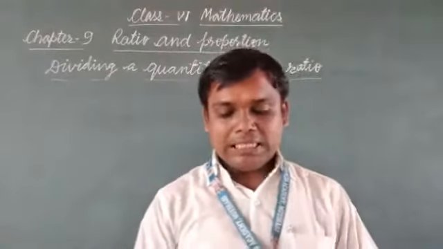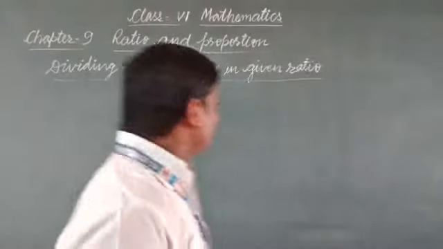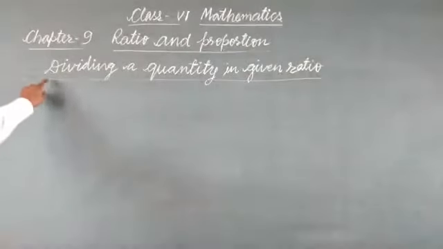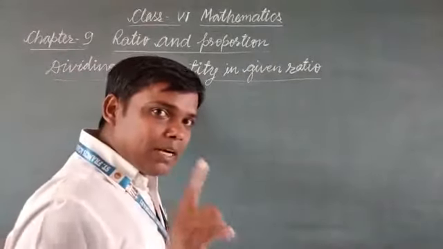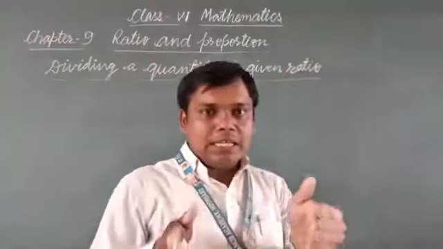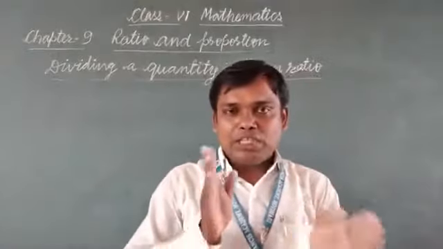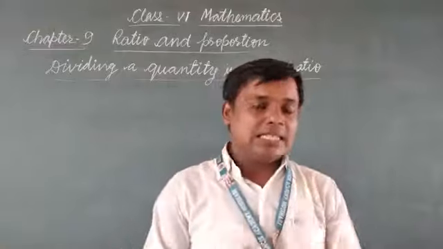How much money did the son and daughter receive? To solve this kind of question, the quantity is the money left by the father, and the given ratio tells in which ratio the money will be shared.